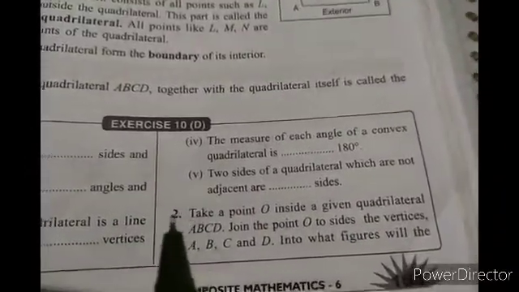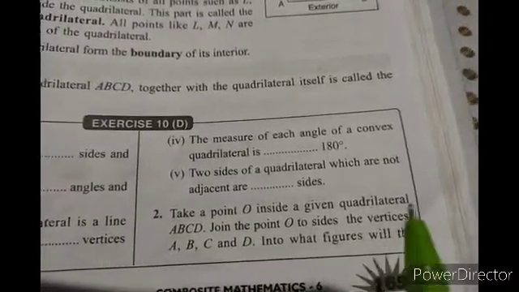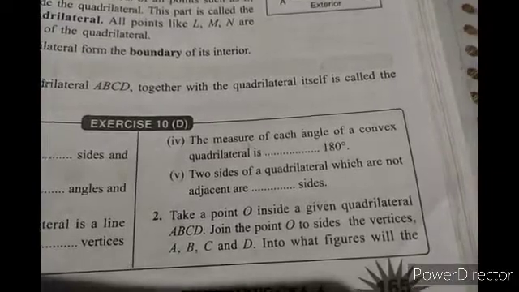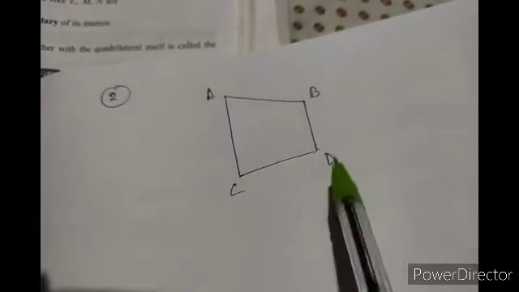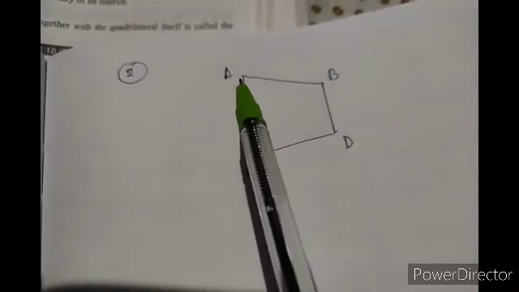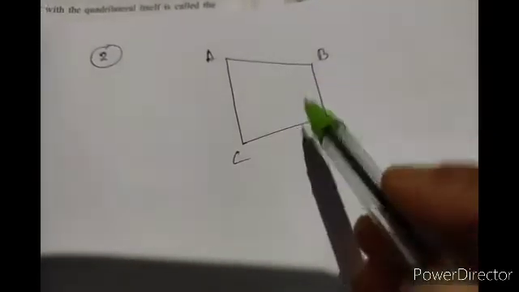Next, moving to question number 2. Take a point O inside a given quadrilateral ABCD. Let us consider this is a quadrilateral with vertices A, B, C, D. So here O is a point.